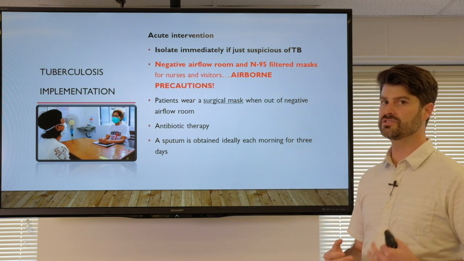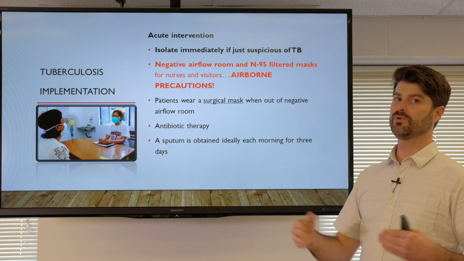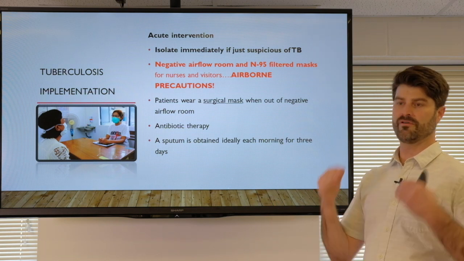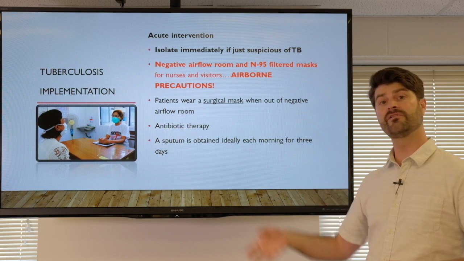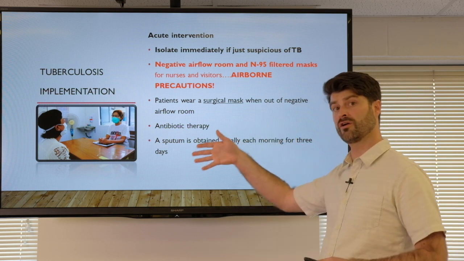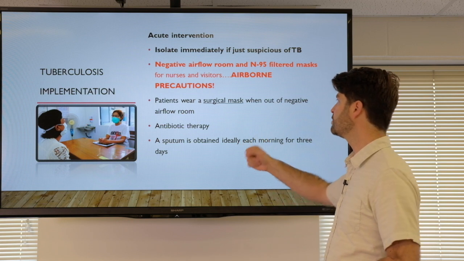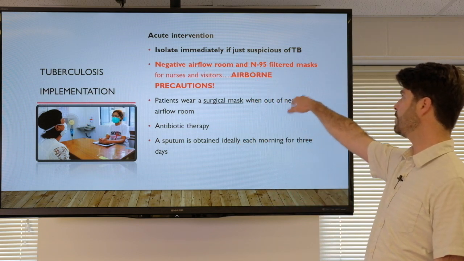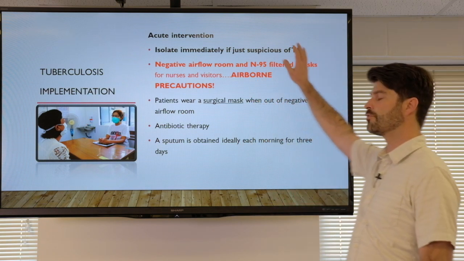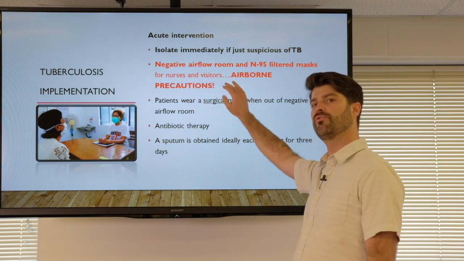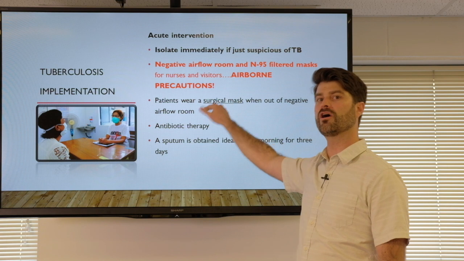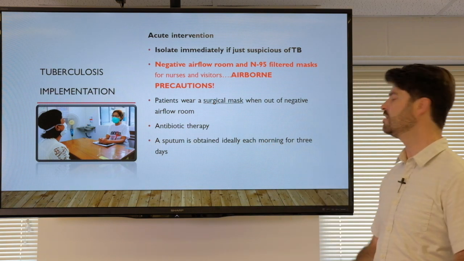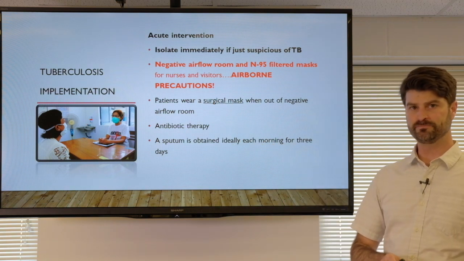Let somebody else tell you it's okay that we don't isolate these patients, but first and foremost, do the isolation and protect yourself and the population you're working around from potential infection. That means negative airflow room, N95 masks for everybody, and airborne precautions. Those 2 interventions equal airborne precautions, and that has to be in place for these patients.